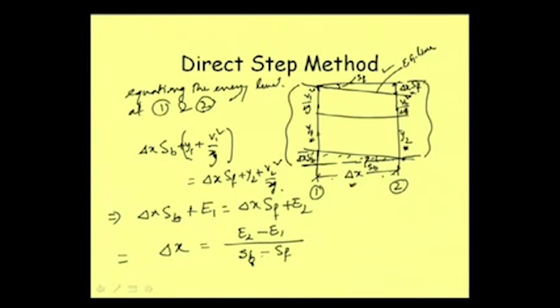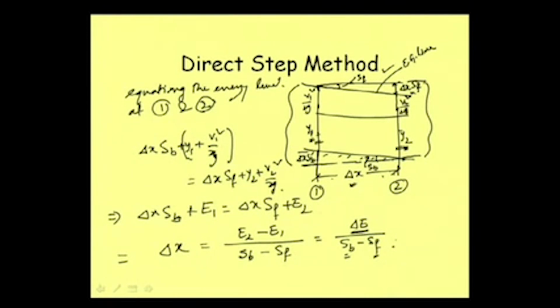So this indicates that this is equal to the energy loss delta E divided by SB minus SF. From this expression, delta E is basically the energy difference between the upstream and downstream points, SB is the bed slope and SF is the friction slope.